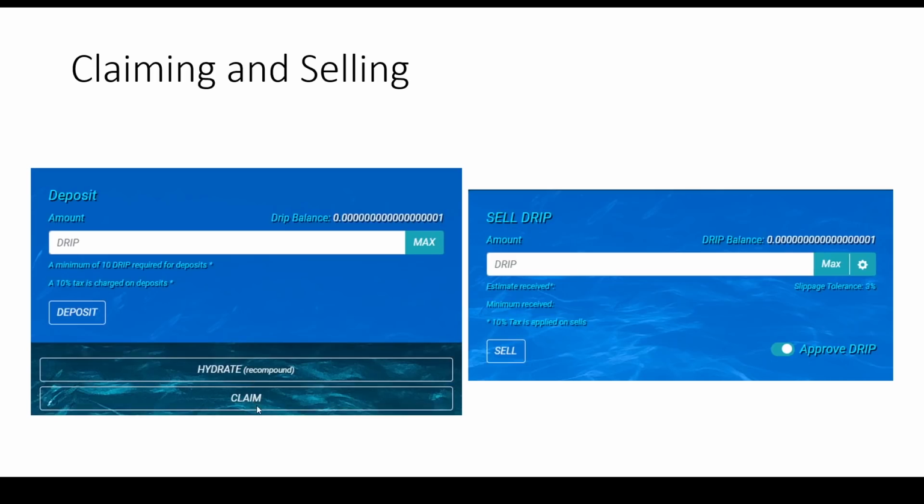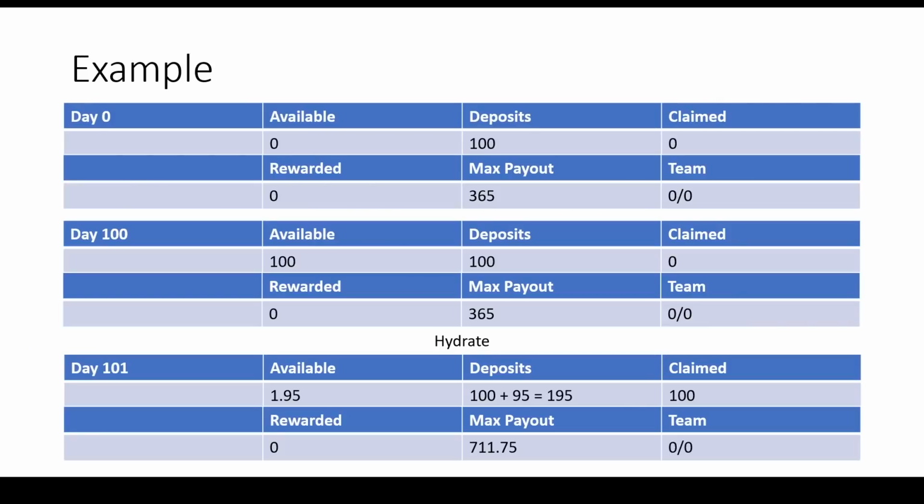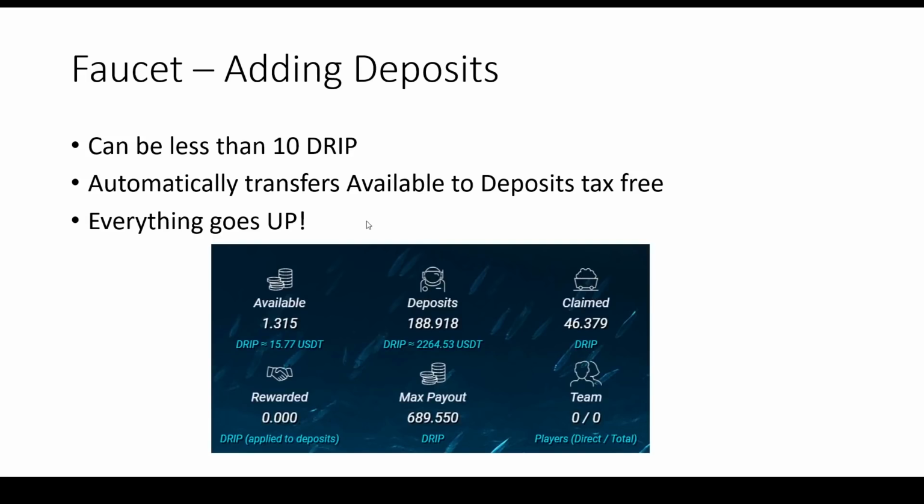You can hydrate what's in your available, or you can claim what's in your available. You can't claim what's in your deposits. That's burnt. You can't hydrate what's in your deposits. Clear.